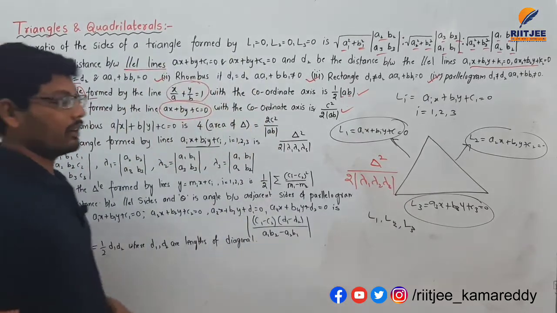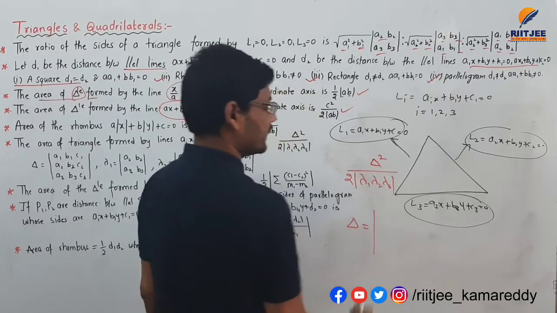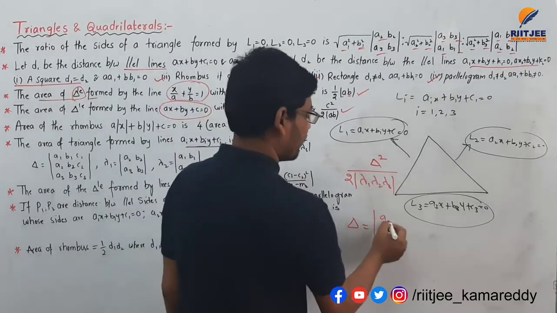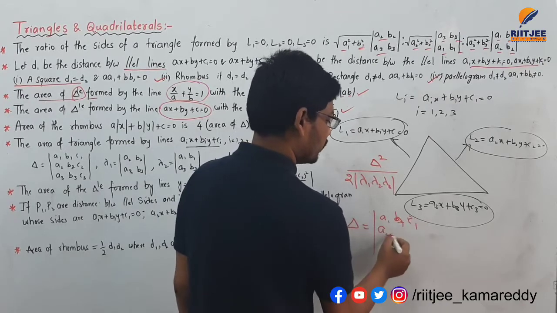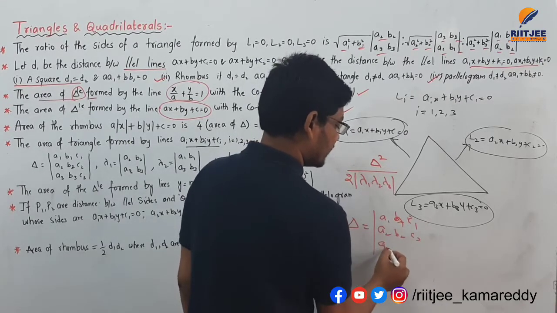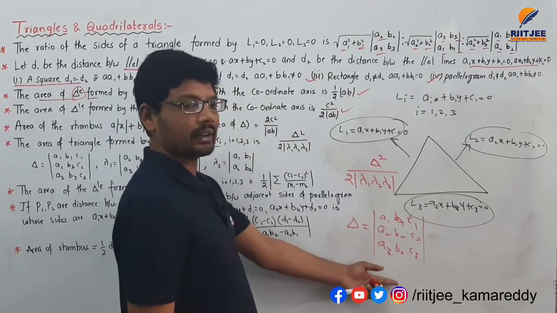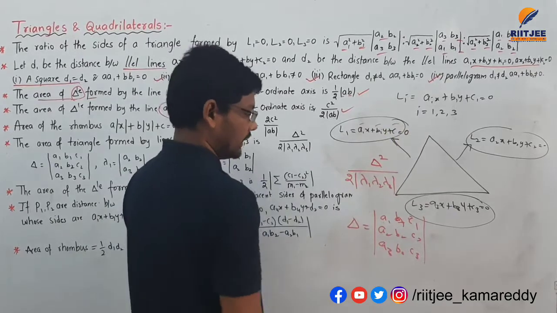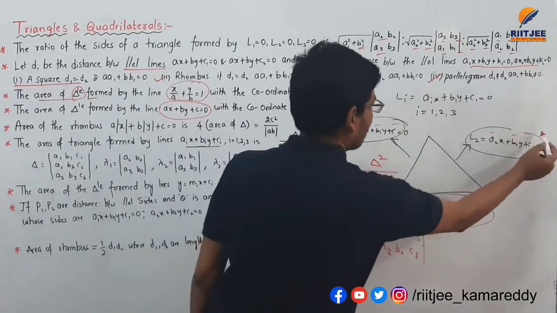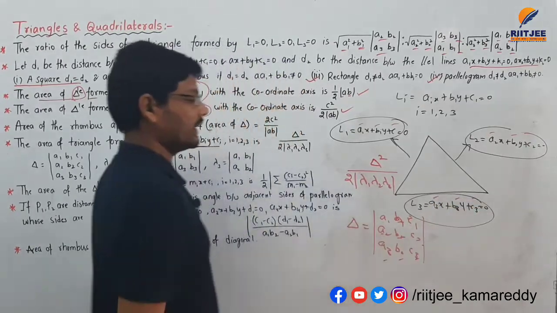Where lambda and delta, what is meant by delta? The delta is the determinant of A1, B1, C1 and A2, B2, C2 and A3, B3, C3. This is the value of delta, where A1, B1, C1 are coefficients of L1 and A2, B2, C2 are coefficients of L2 and A3, B3, C3 are coefficients of L3 here.